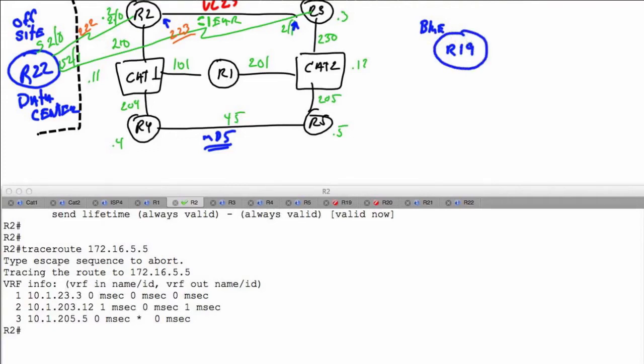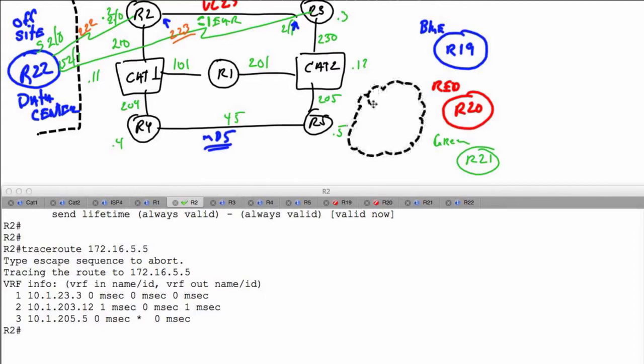We're also going to have Office Red, which is going to be R20. And lastly, we will have Office Green, which will be R21.